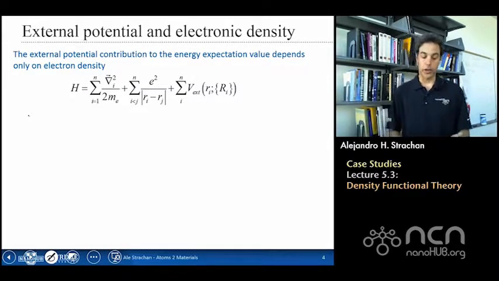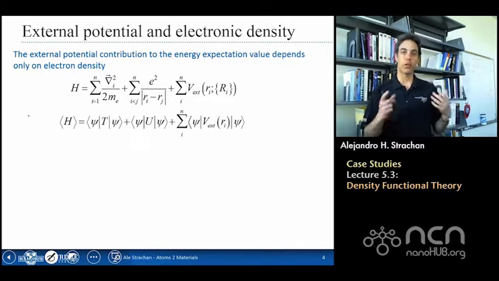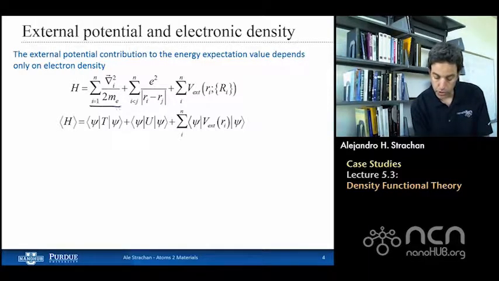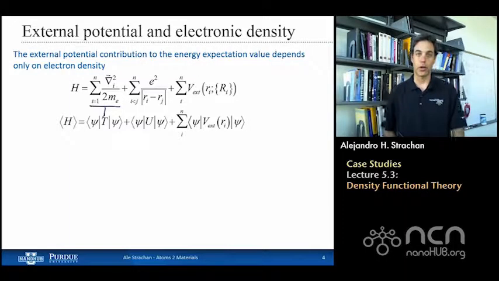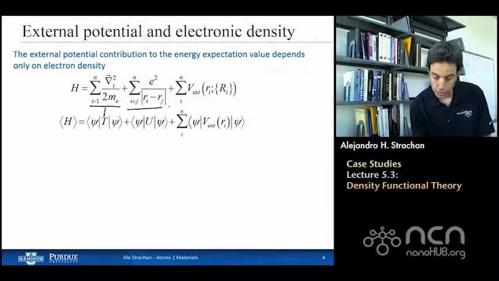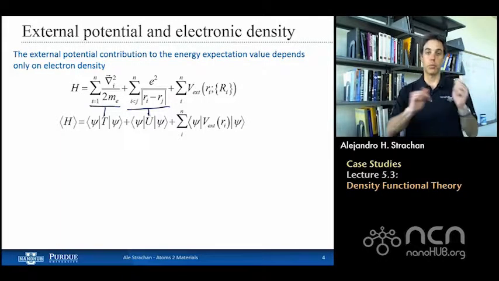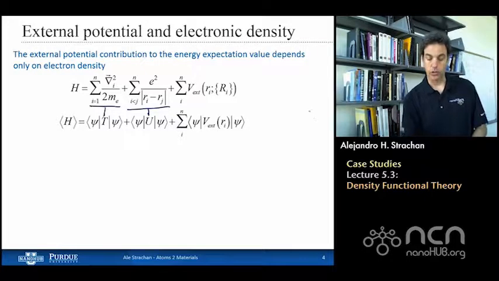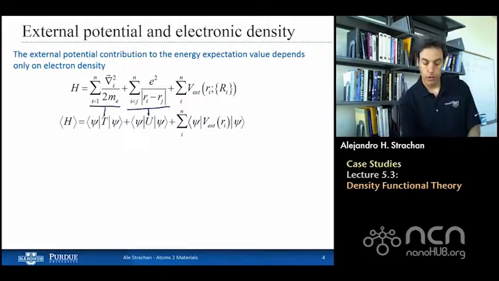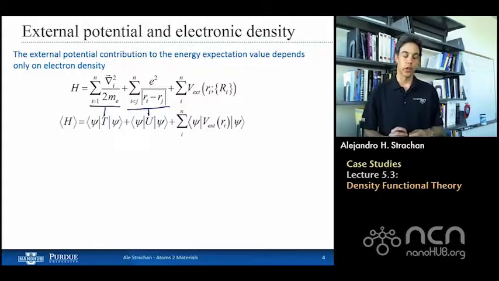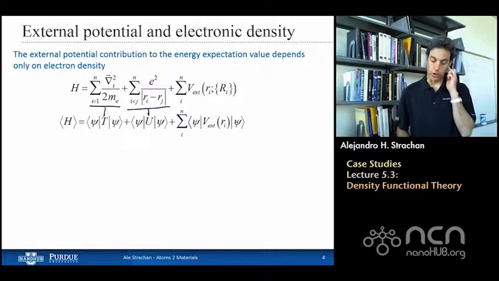So let's write again the Born-Oppenheimer Hamiltonian, and let's compute the expectation value of the Hamiltonian. I'm going to use T to denote the operator of kinetic energy. I'm going to use U to denote the operator of potential energy between electrons. And the last term is then a sum over i from 1 to n of the wave function sandwiching the external potential.